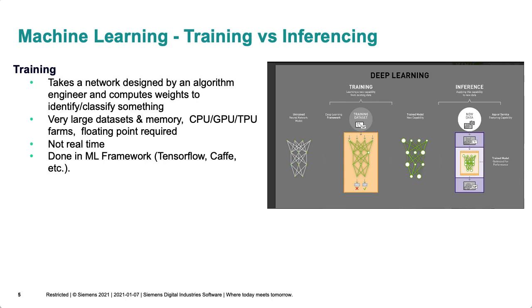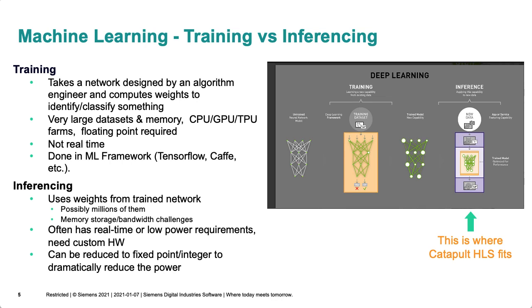Typically in training, we're talking about using very large data sets and large memory storage requirements, and the training is going to be done on a GPU or a TPU farm and typically will be done in floating point. The process of training is not done in real time, and often training may take days if not weeks to complete. And lastly, training is usually done on some kind of machine learning framework such as TensorFlow or Caffe.